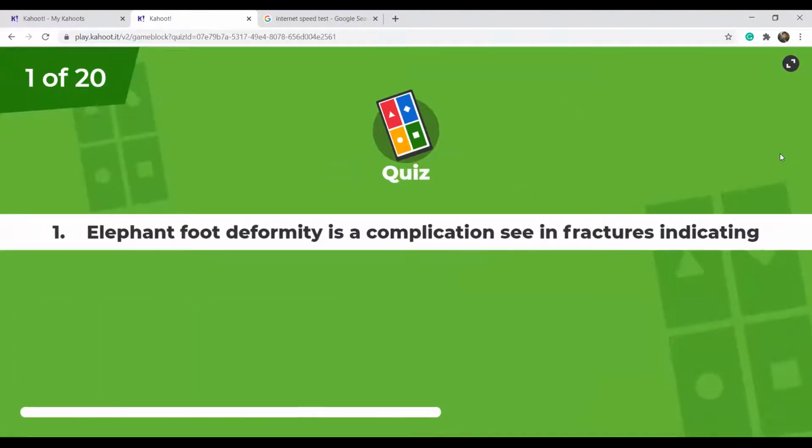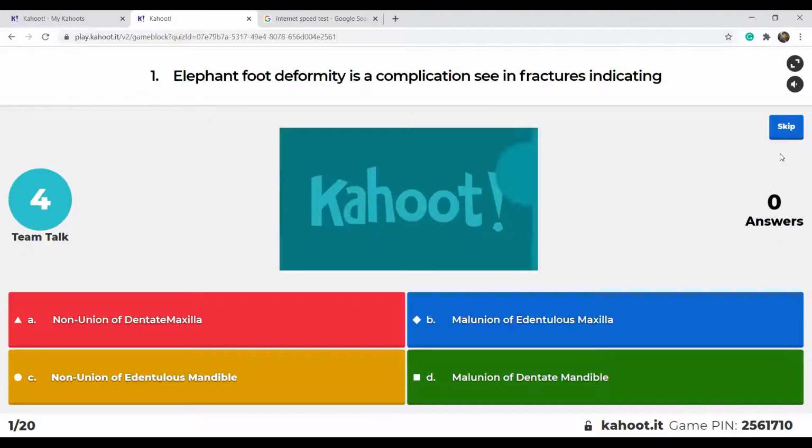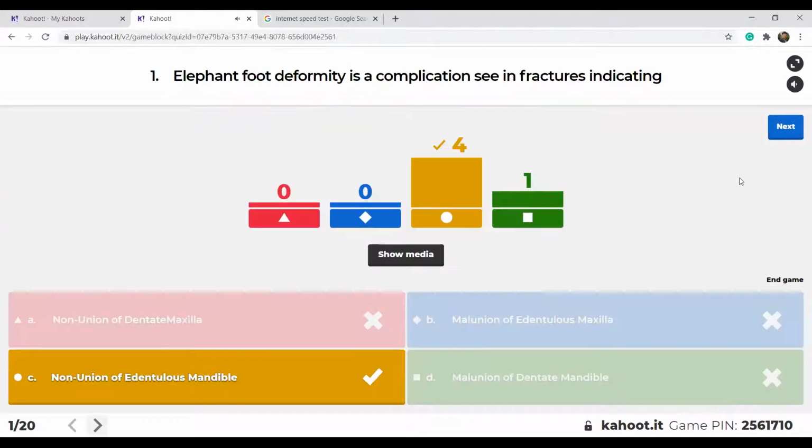Here we go. The first question is, elephant foot deformity is a complication seen in fractures indicating: A, non-union of dentate maxilla; B, malunion of edentulous maxilla; C, non-union of edentulous mandible; or D, malunion of dentate mandible. Wow, that was really fast.